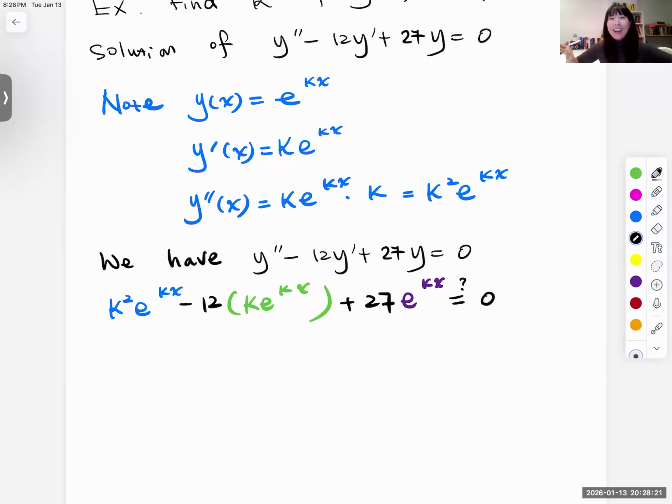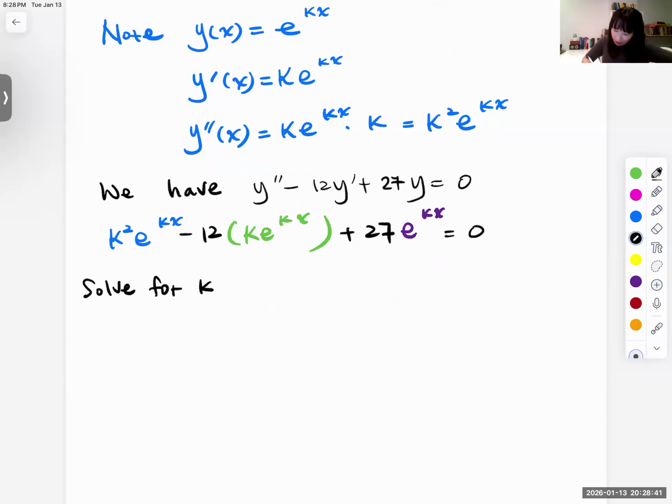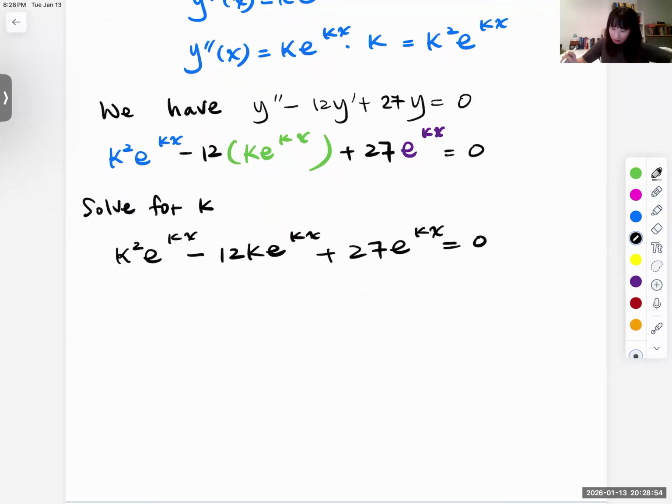Okay, sorry. Once again, we have to find such a k, as I said earlier. Equal to 0, we need to find the k, right? So solve for k. Okay, so we have k squared e to the kx minus 12k e to the kx plus 27 e to the kx equal to 0, right? Now we need to solve for k.